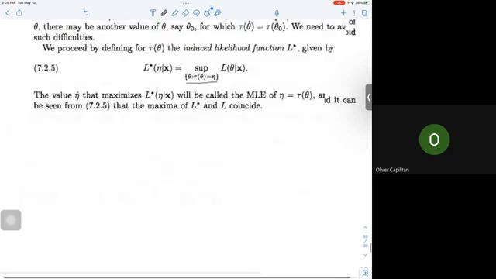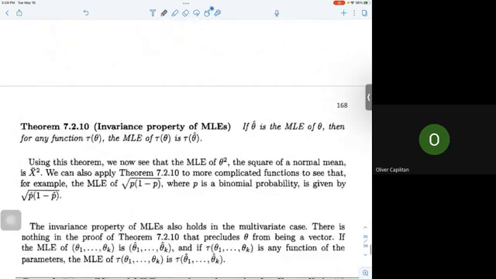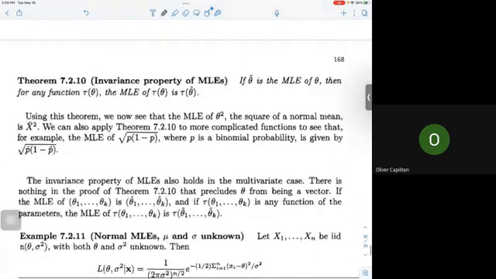Okay, so we have here theorem 7.2.10, the invariance property of maximum likelihood estimators. If theta hat is the maximum likelihood estimator of theta, then for any function tau of theta, the maximum likelihood estimator of tau of theta is tau of theta hat.